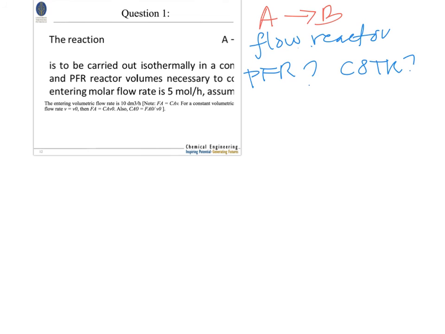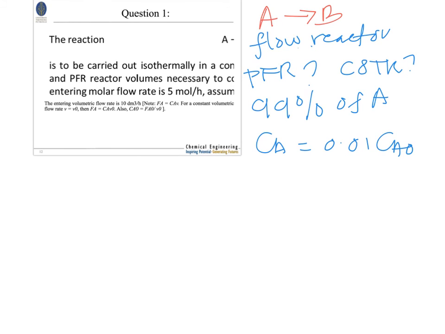Given to you is the volume necessary to reduce 99% of A, meaning that your CA will equal 0.01 CA0.